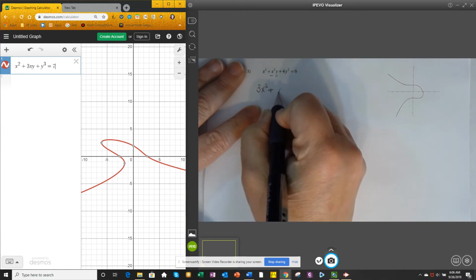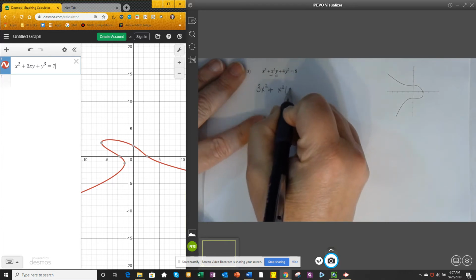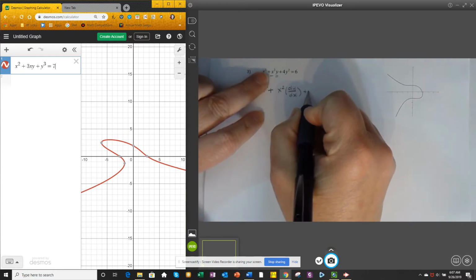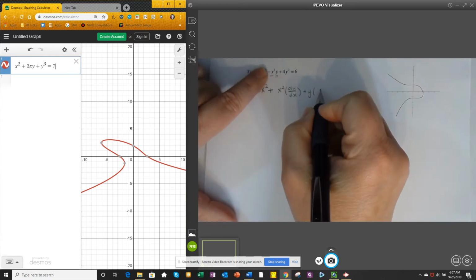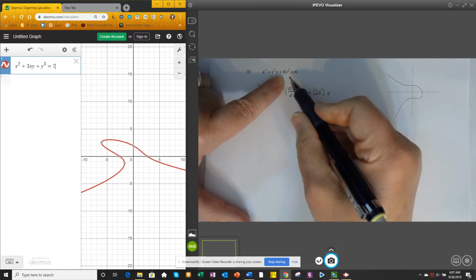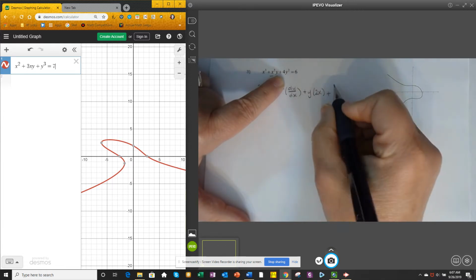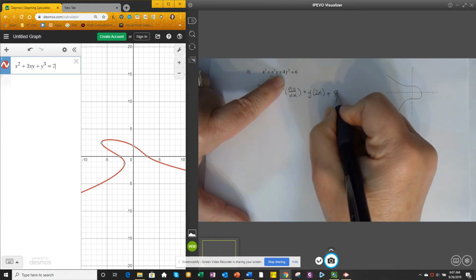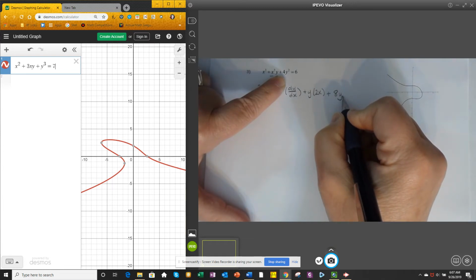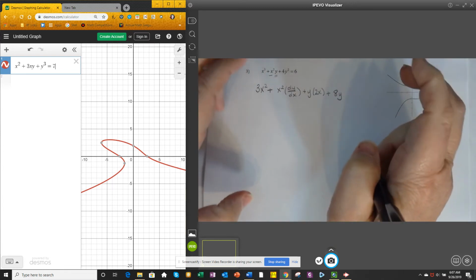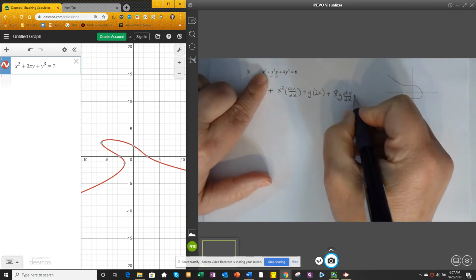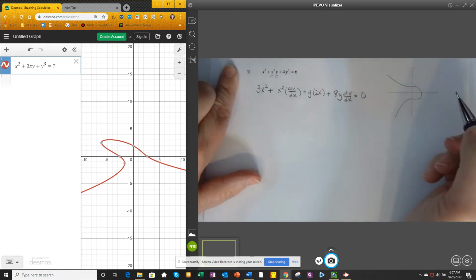And so it'll be first, which is x squared, d second, which is the derivative of y, which is dy dx, plus second, which is y, times the derivative of the first, which is 2x, plus, and then I'm going to take the derivative of 4y squared, knowing that y is an implied function of x. The derivative of 4y squared would be 8, bring the power down, y, lower the power 1 to the first, and then I have to take the derivative of the inside, which is an implied function of x, which is dy dx, equals the derivative of 6, which is 0.